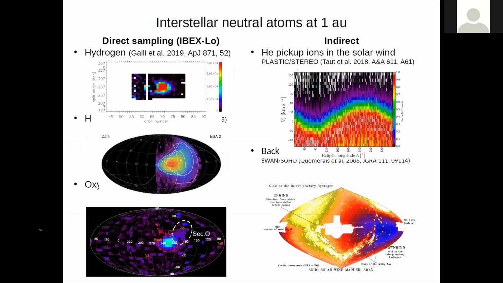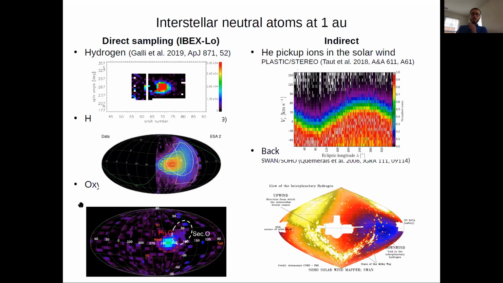Okay, so here are some examples of observations that are made at 1 AU. As I mentioned already, we have some direct sampling at 1 AU, and we actually were able to observe hydrogen, helium, and oxygen at 1 AU.